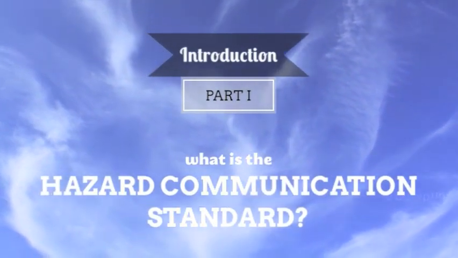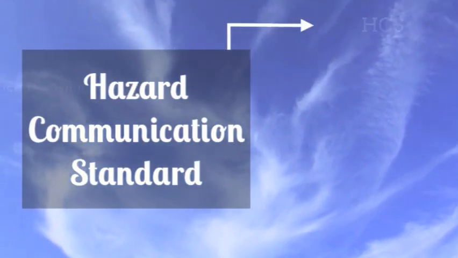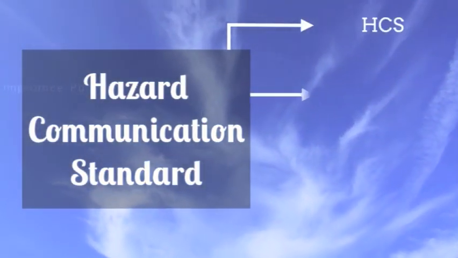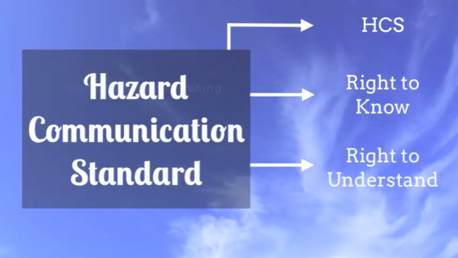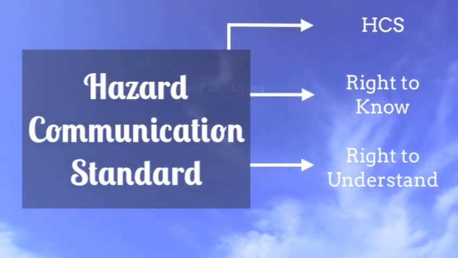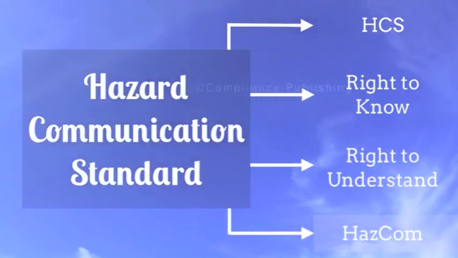First of all, what is the Hazard Communication Standard? Well, the Hazard Communication Standard is known by three things: HCS, the right to know, the right to understand. In this presentation moving forward, we will refer to it as HazCom.